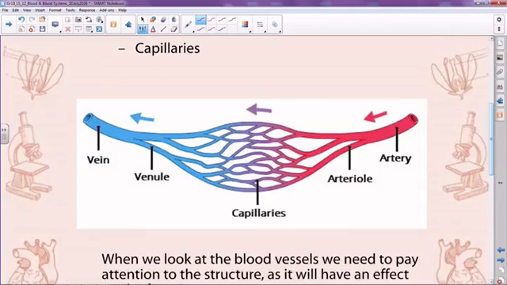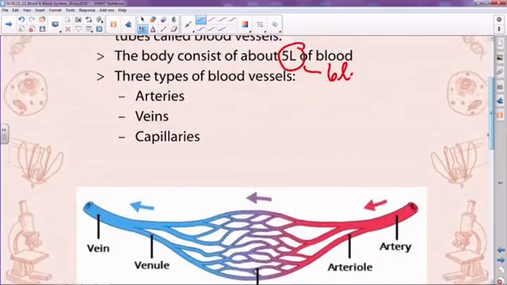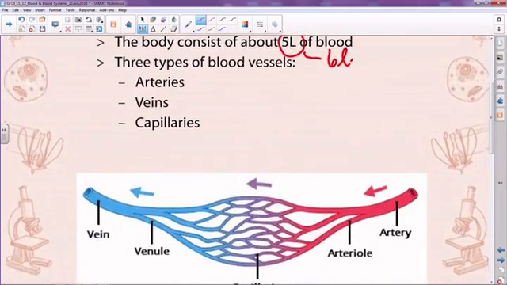Now if you have a look at the diagram in front of me and the words above it, there are 3 words that you need to know when it comes to the blood vessels: what an artery is, what a vein is, and what a capillary is.